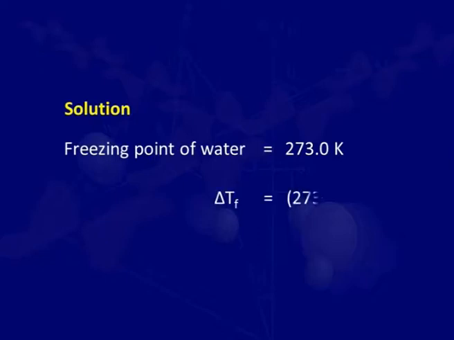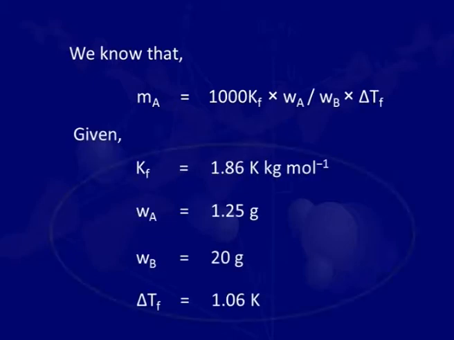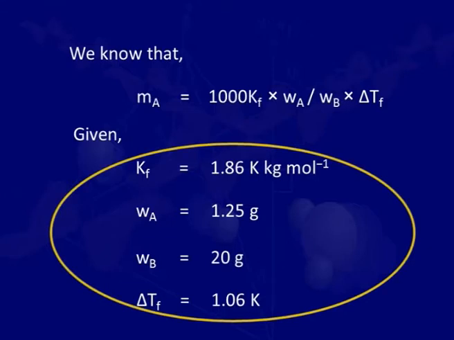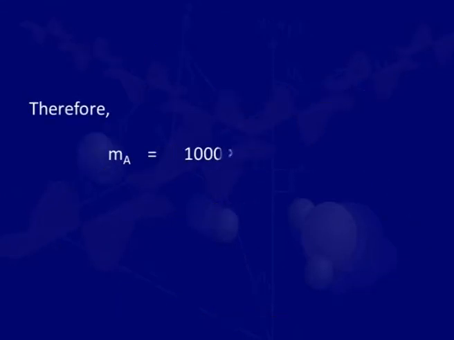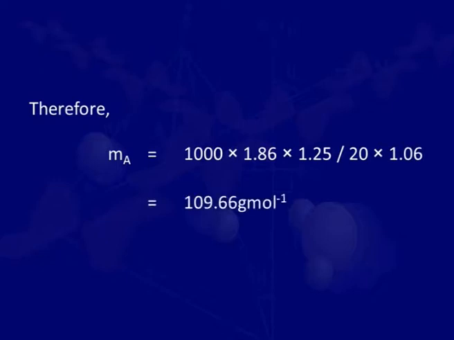Hence, delta Tf will be equal to 273 minus 271.94, which is equal to 1.06 Kelvin. Now, by using the relationship Ma equal to 1000 into Kf into Wa divided by Wb into delta Tf, by putting all these values, you will get Ma equal to 109.66 grams per mole.